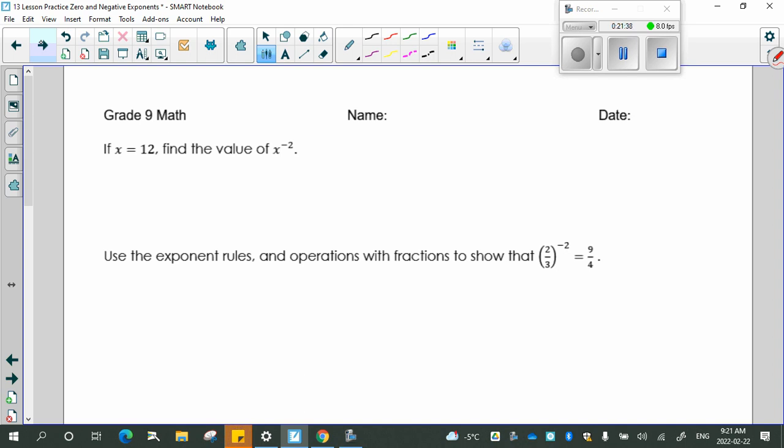All right, our last page here is x is 12. Find the value of x to the negative 2. Okay, so this is what Abby did first. Everyone see what she did? She substituted x with 12.